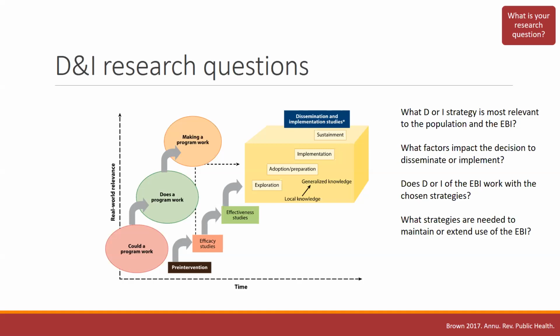And then third, thinking about just, does it work? Can these sets of strategies improve relevant implementation outcomes for an intervention? And then last, thinking about sustainment. So thinking about not only what's needed for initial uptake of an evidence-based intervention, but what is needed for it to be implemented over a long period of time.